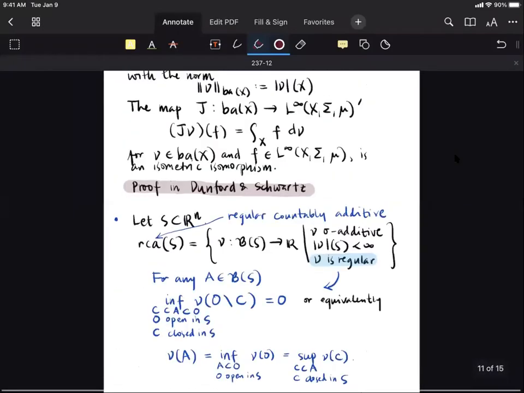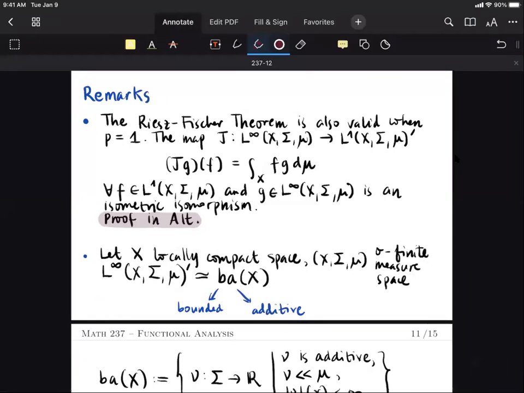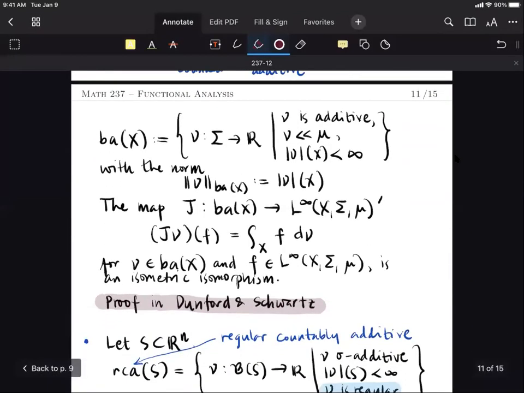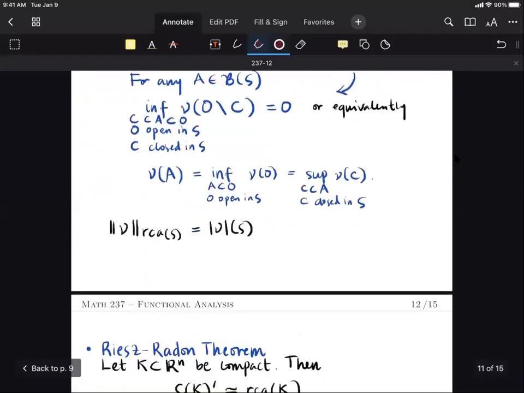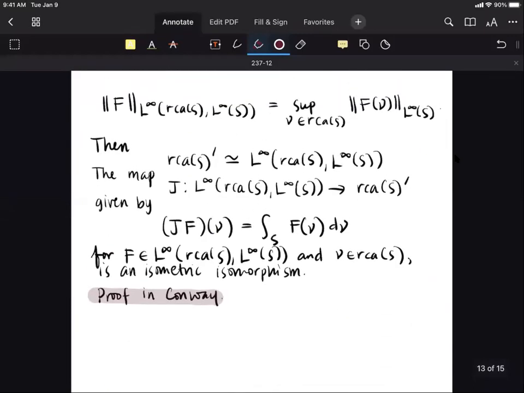We only stated them without proof, but to those who are interested in the proof, you can consult the book of Alt, the book of Dunford and Schwartz, the book of Rudin, and the book of Conway for the proof of these statements or these remarks. And that's it for the dual spaces of these concrete function spaces. In the next lecture, we will discuss further theorems related to the Baire category theorem.